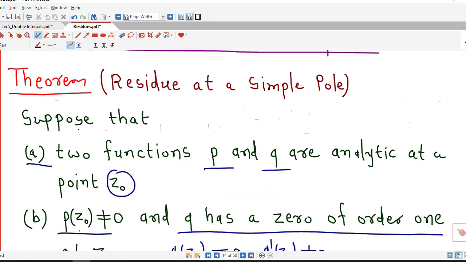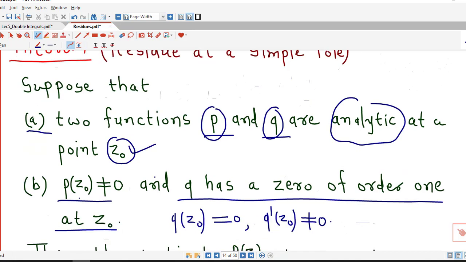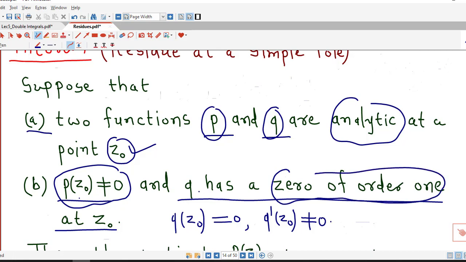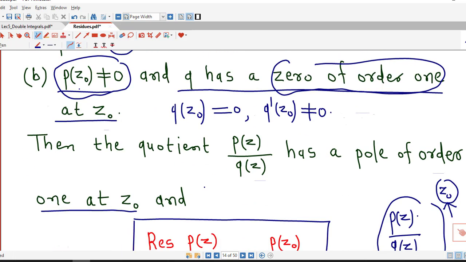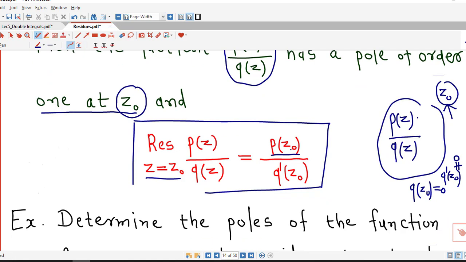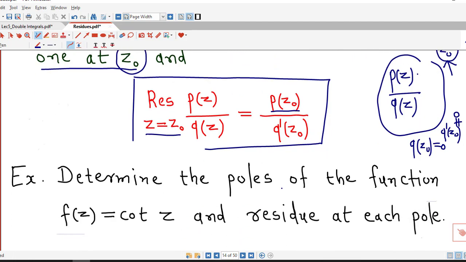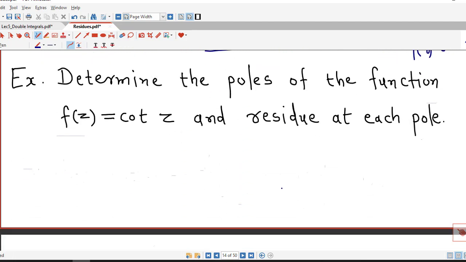The functions p and q must be analytic at z0, and the value of p at z0 is non-zero and z0 is a 0 of order 1 of q. Then z0 is a simple pole of this function, and the residue at z0 is given by the value of p at z0 divided by the value of the first derivative of q at z0.